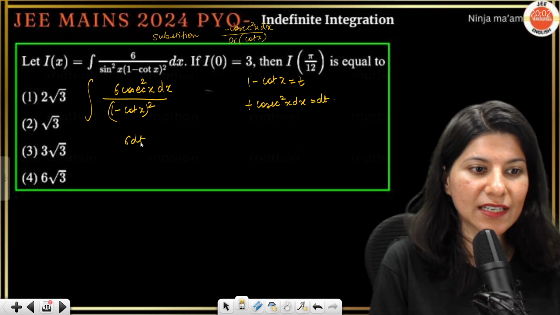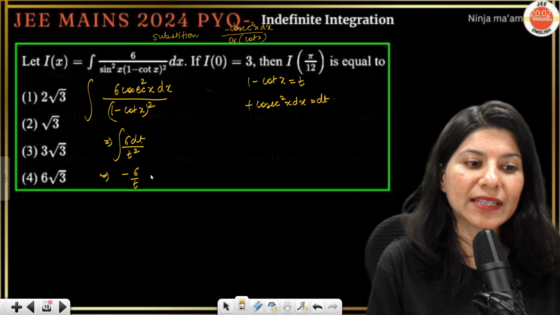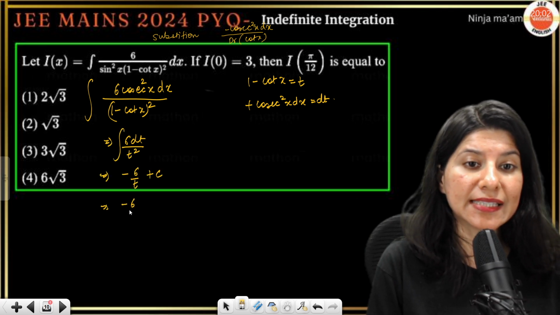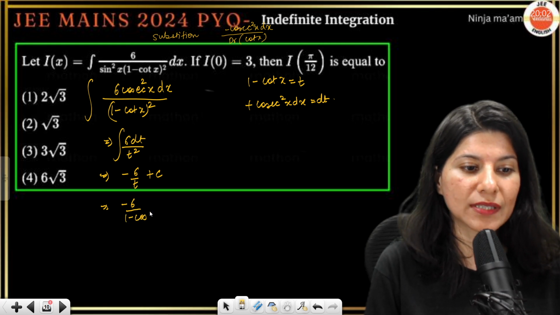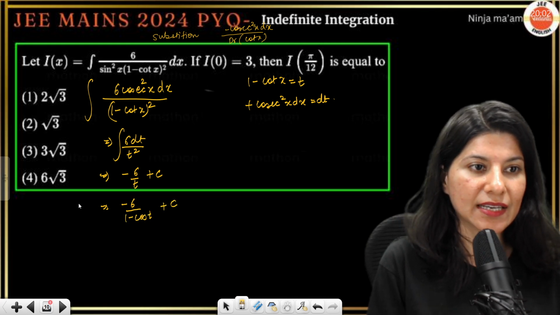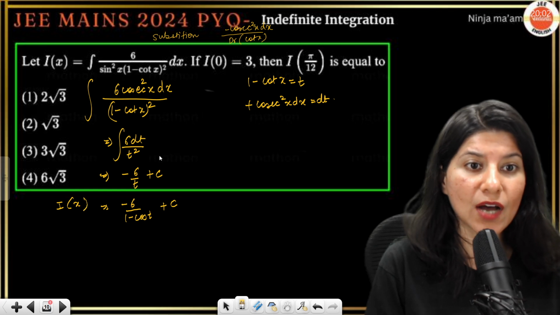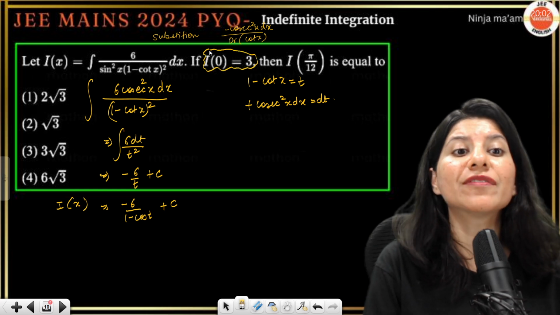So the integral of 6 dt upon t square will give you minus 6 by t plus constant, that is, minus 6 upon 1 minus cot x plus c is your I of x. Now, as per the question, I of 0 is 3.